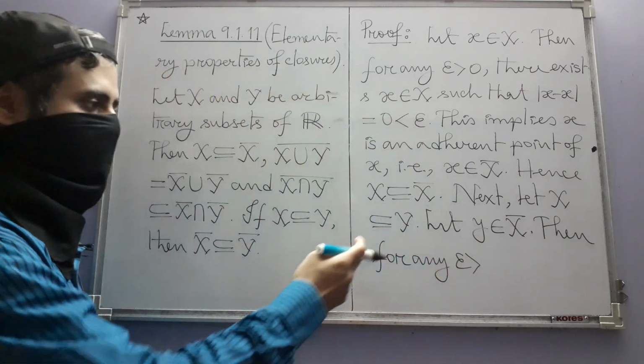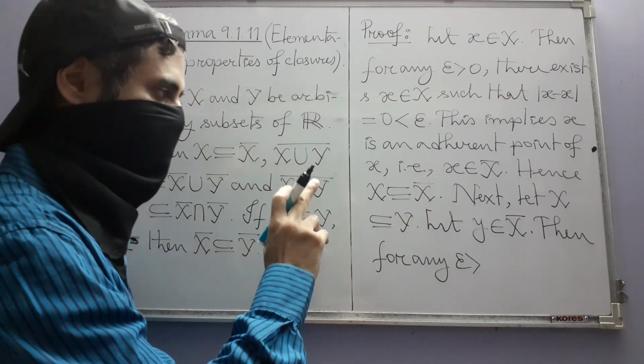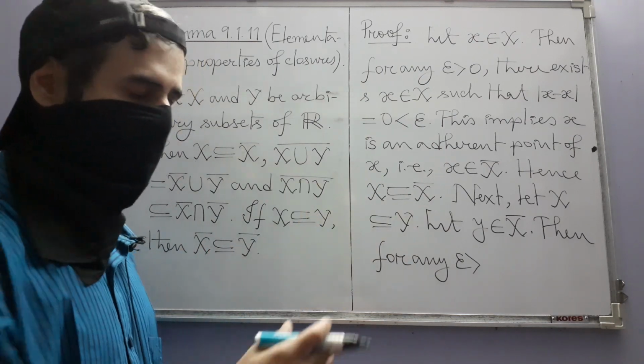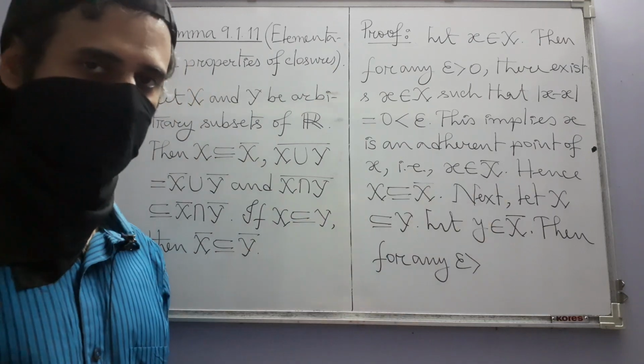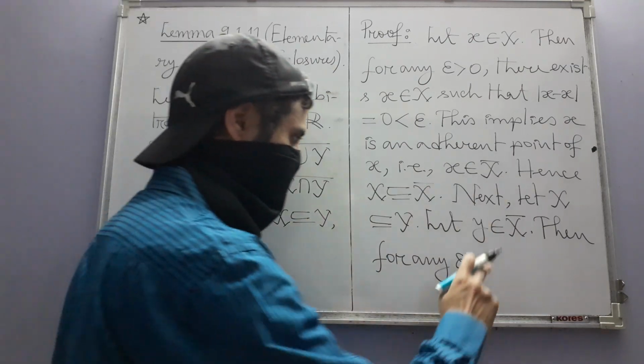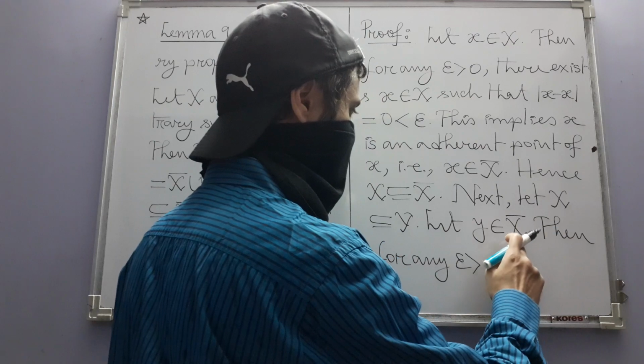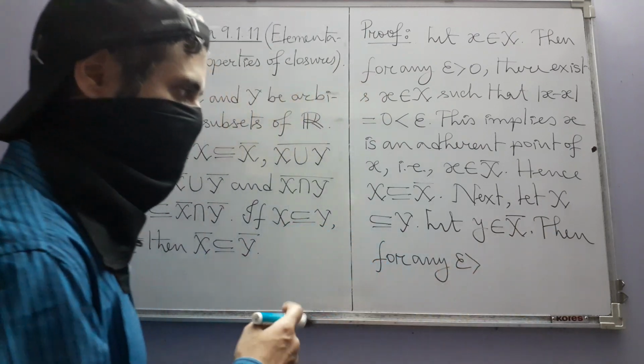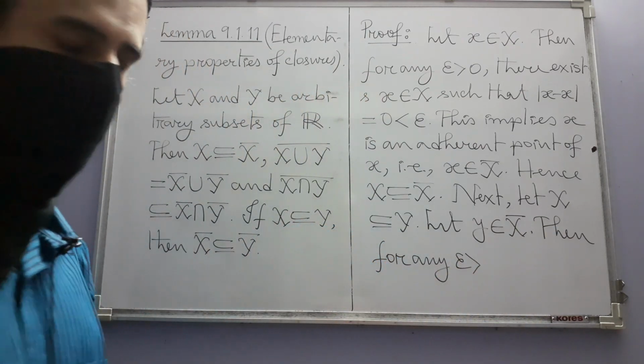Then that just means that y is an adherent point of x. But you need not keep on writing this every time. Okay, it's known. That's what it means. Y being in this set is equivalent to y being an adherent point of x.